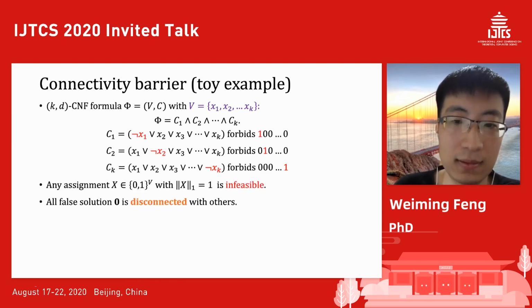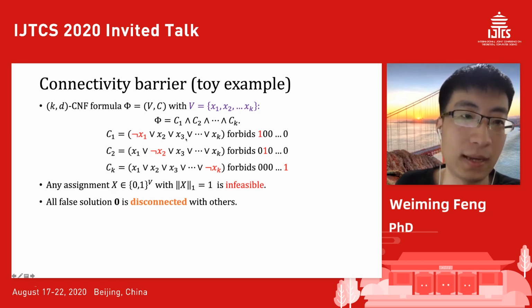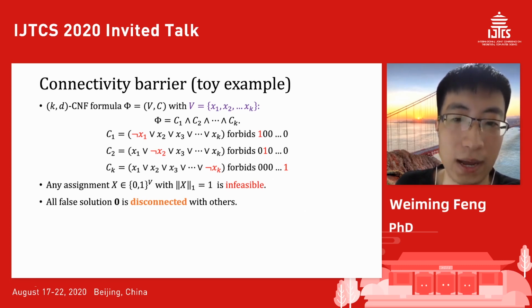Now, let's consider the assignments of variables. If only x1 takes the value true, and all other variables take the value false, this assignment is not a satisfying assignment because the first clause cannot be satisfied. Similarly, if only x2 takes the value true, then the second clause cannot be satisfied.